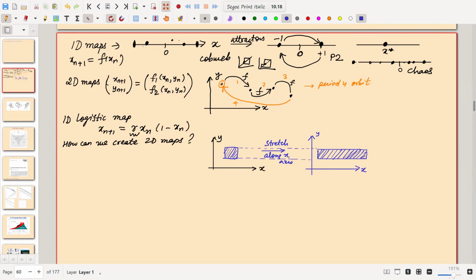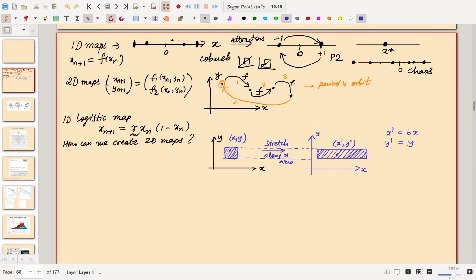So what kind of transformation can you apply? Suppose you take any point x comma y, and it is being mapped to x prime, y prime. Can we write x prime, y prime in terms of x and y? Yes, we can. x prime is some b times x, and y prime is equal to y, right?